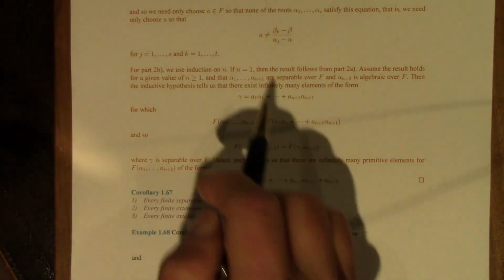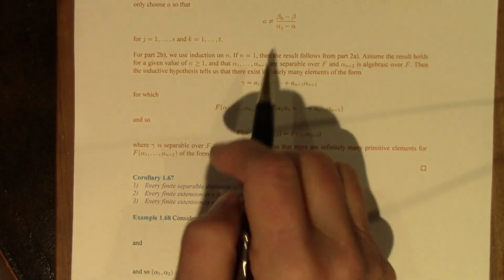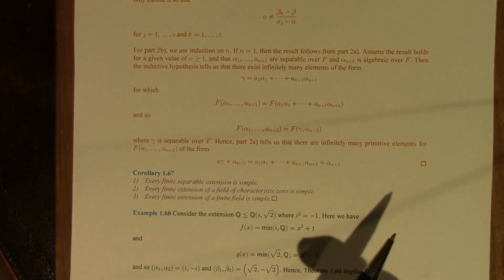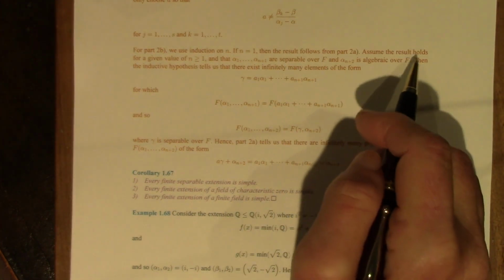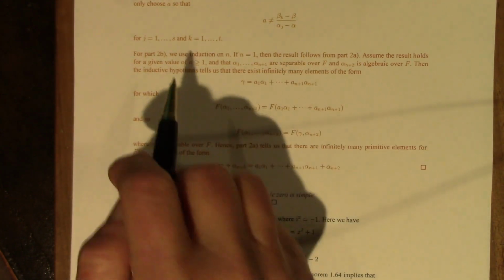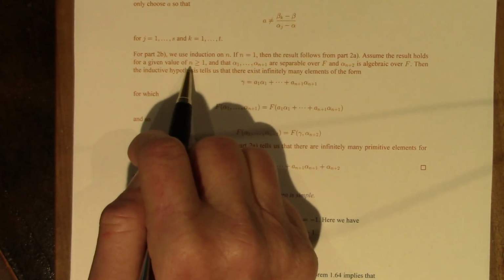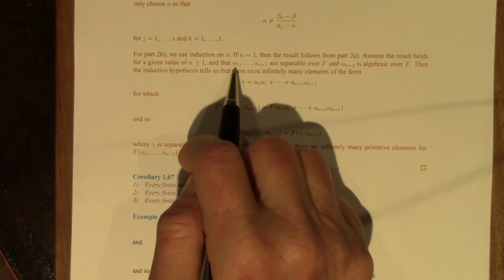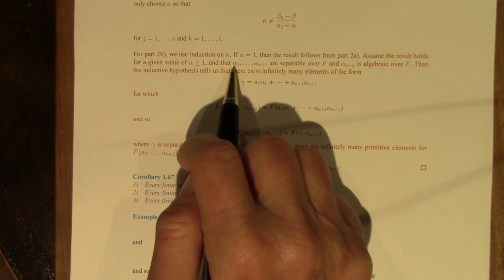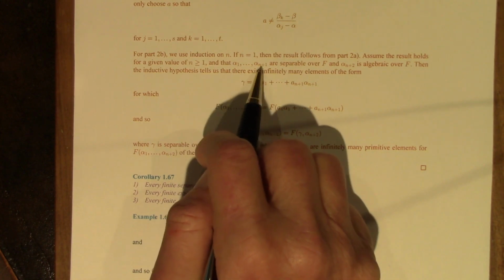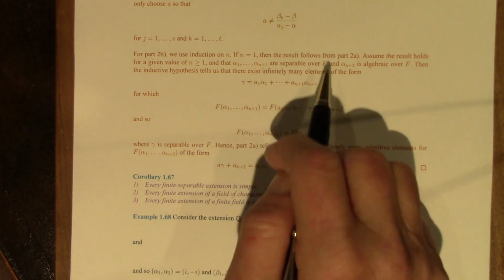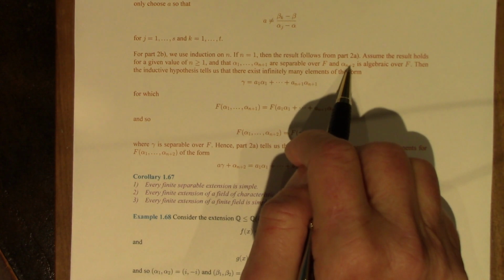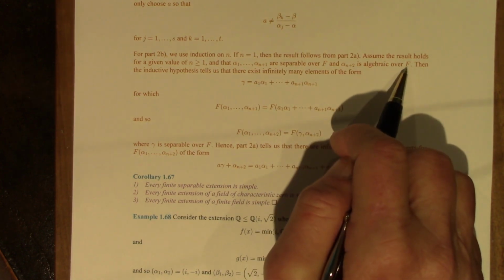So the basis step for the induction we just took care of. So we can assume the result holds for a given value n bigger than or equal to 1, and we now have an additional alpha, so alpha 1 through alpha n plus 1 are separable over f, and alpha n plus 2 is algebraic over f.